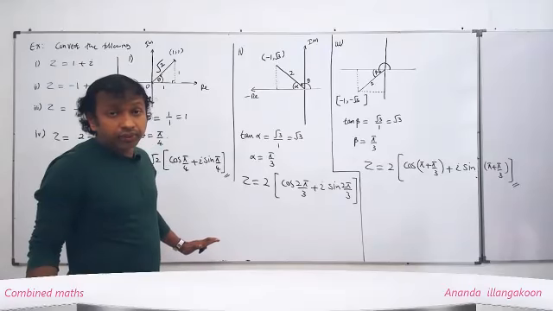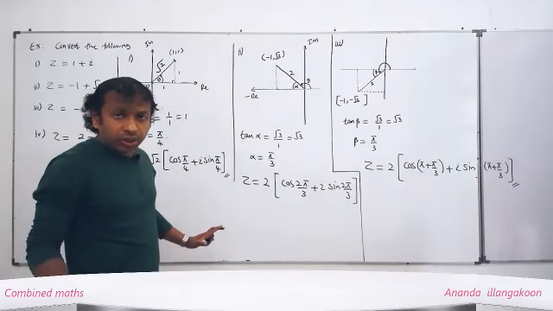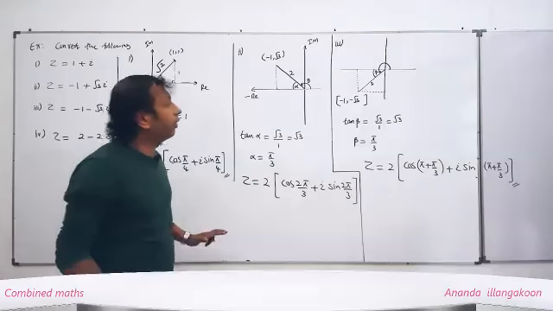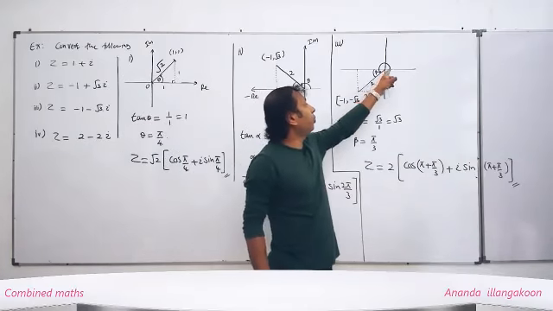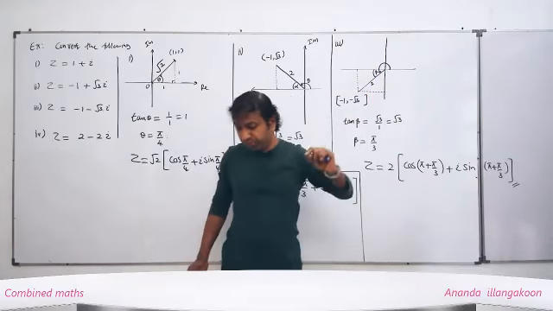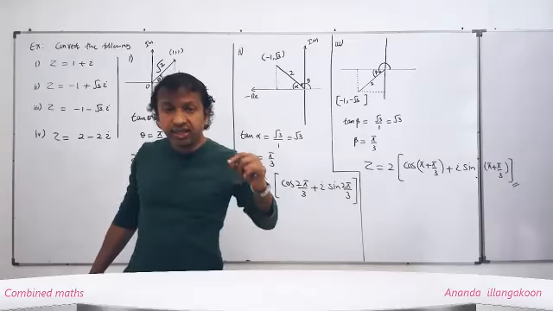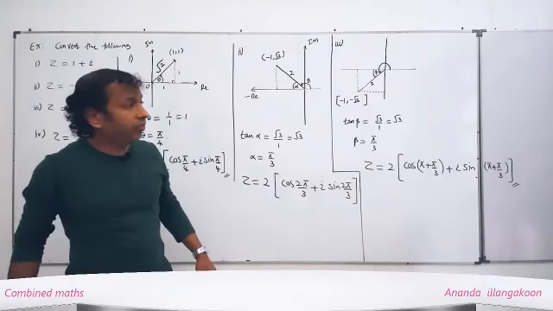Why, people? There is no rule given here. We have to keep this argument in the principal range. If you need to keep this argument in the principal range, people, then in the positive sense you can't go, because in the positive sense the principal range ends at 180. Then we have to go this way.